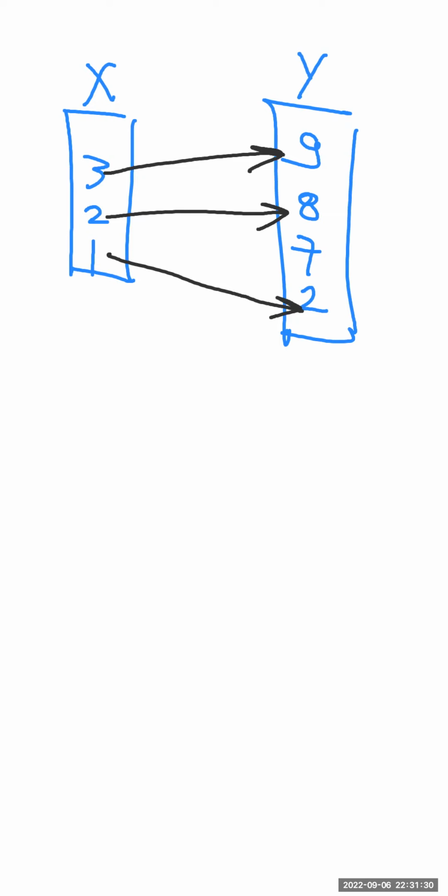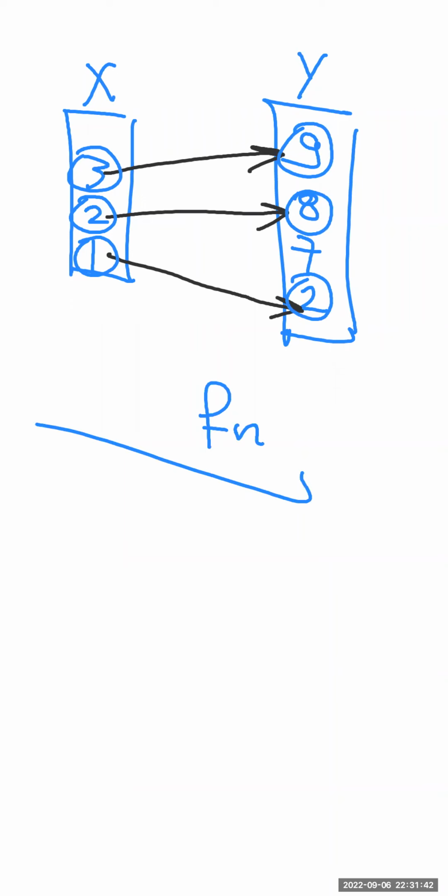So in this case, every element of x has only one value on y. So simply this is a function, of course. X is the domain of the function. Y is the codomain of the function.